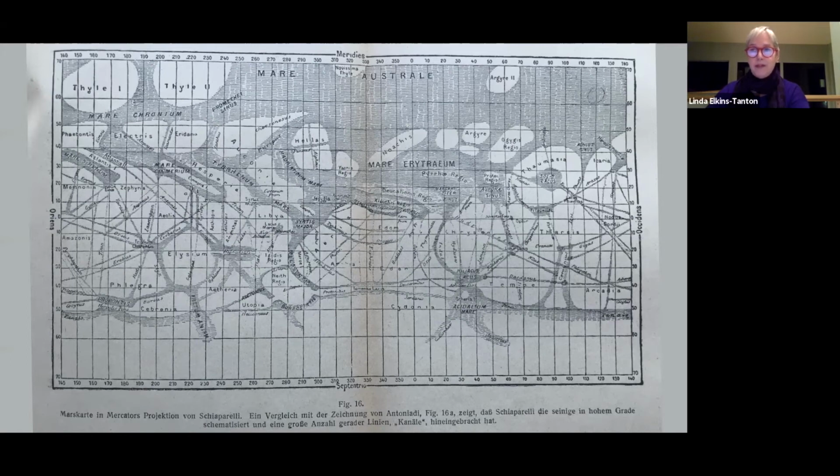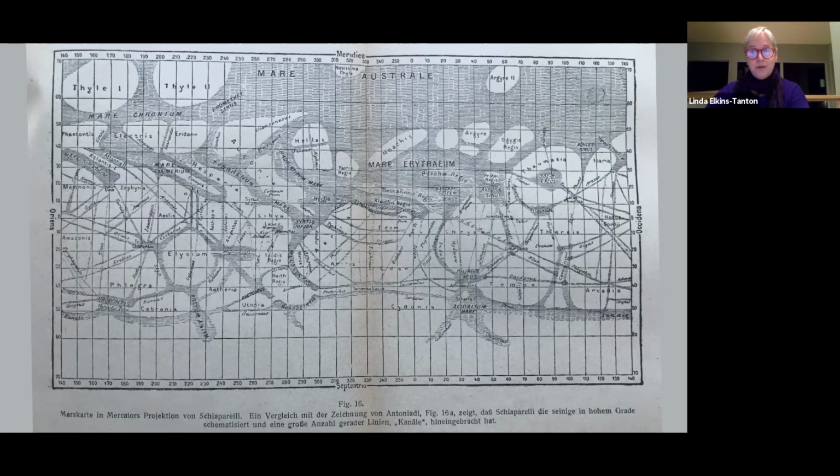In Schiaparelli's initial observations of Mars in the mid-1800s, he named the, quote, seas and continents of Mars, imagining some things that reminded him of the seas and continents of the Earth, and he called them seas and continents. During Mars's great opposition of 1877, when it was very close and very bright, similar to how it's been this year for us, you can still see Mars outside now at night. It's very bright and very near.